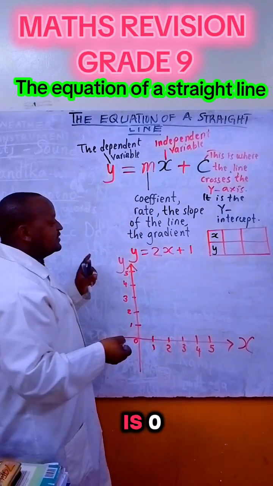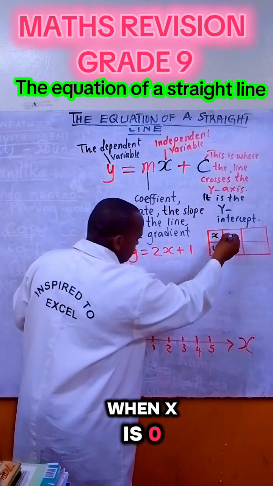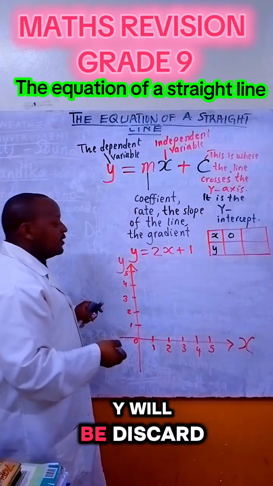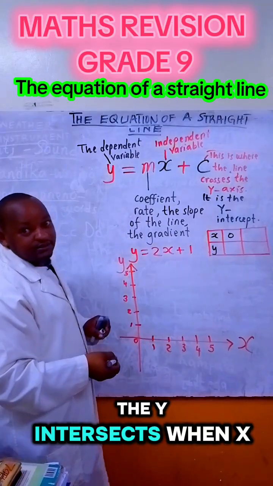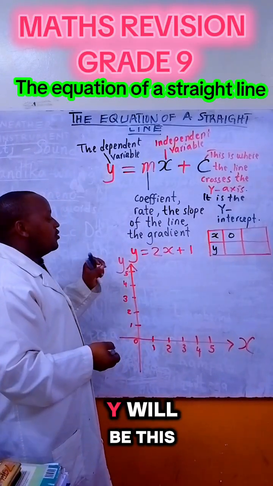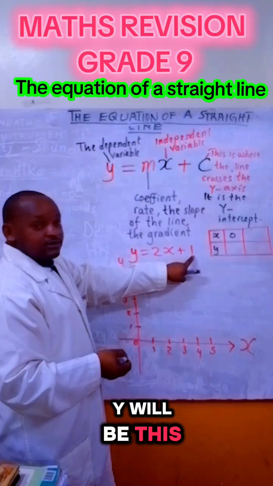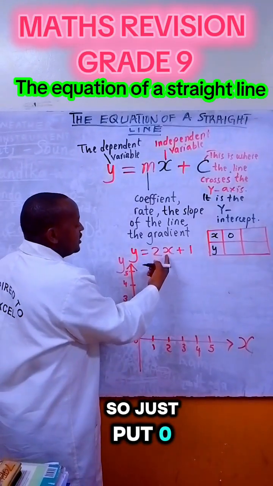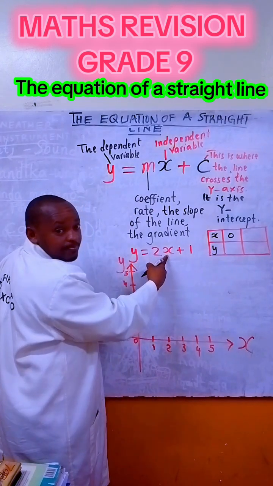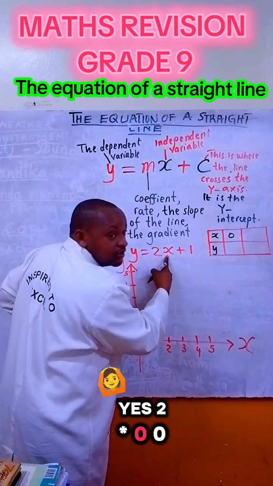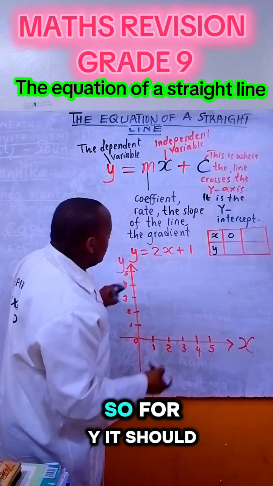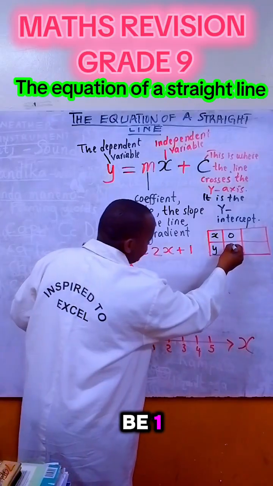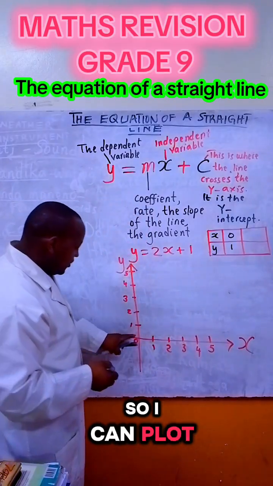When x is 0, y will be, it is called the y-intercept. Just put 0 here: 2 times 0 is 0, plus 1 is 1. So y will be 1. I can plot that point.